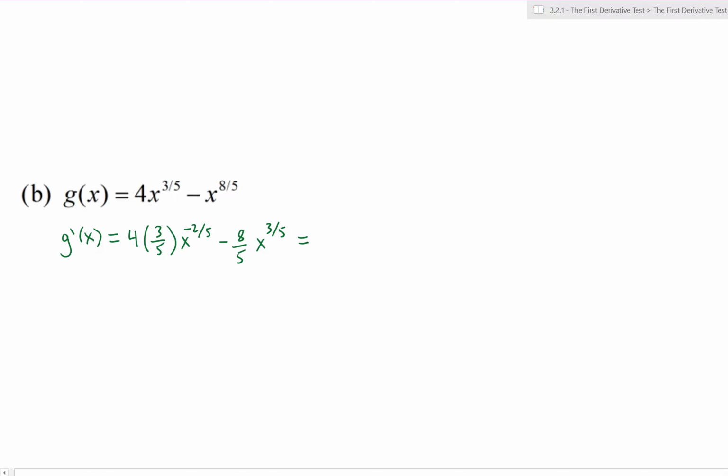I'm going to go ahead and factor out a 4/5 x to the -2/5 from both of the terms. And what I'm left with is a 3 minus 2x. And so notice, of course, that's the same as writing 4 times 3 minus 2x, all divided by 5 times the 5th root of x squared.